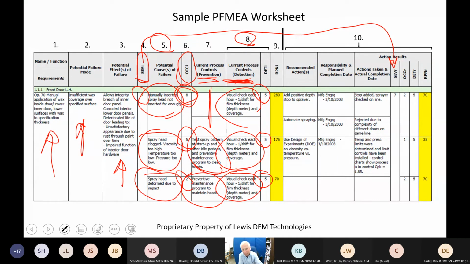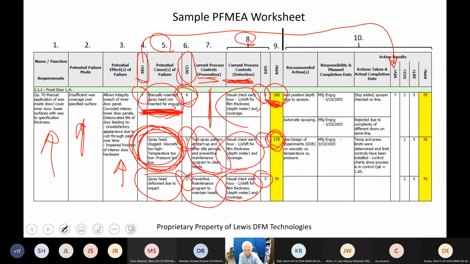And so what that does is it gives us enough information to create our RPN number. And the RPN number for manually inserting the head not being inserted far enough is 280. And the RPN number for the sprayer head getting clogged due to viscosity and temperature and pressure is 175.